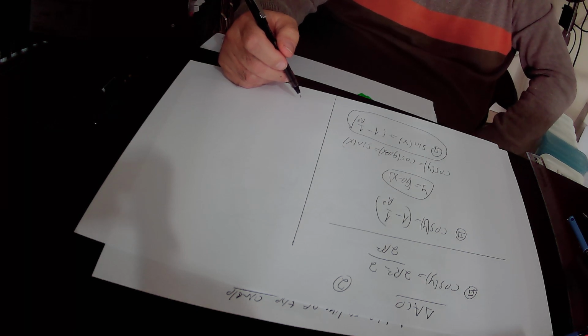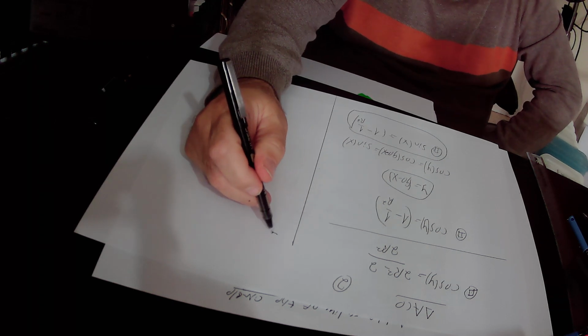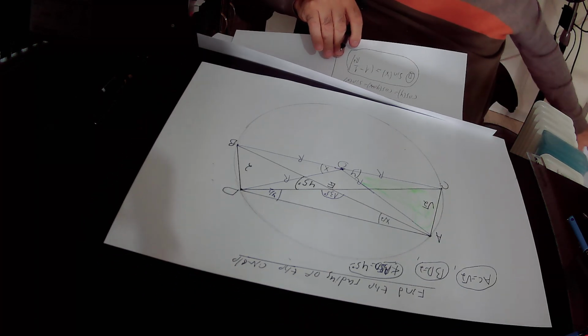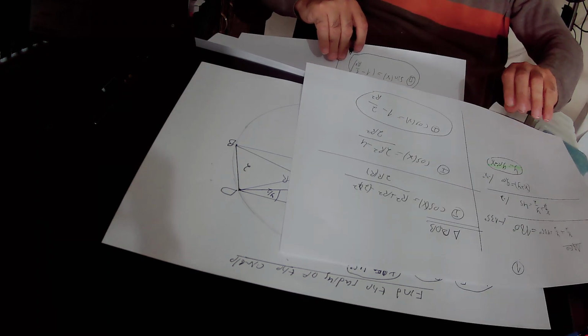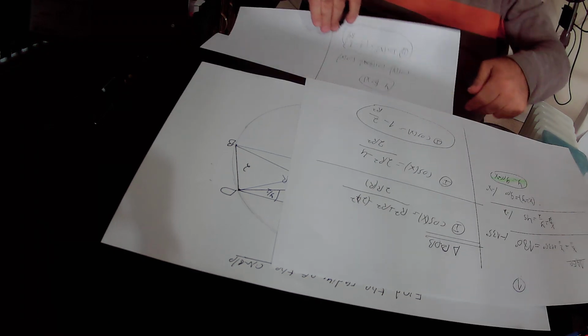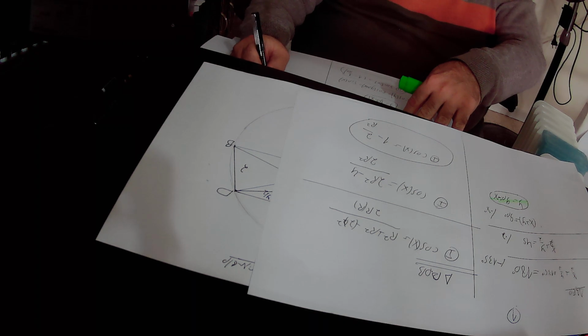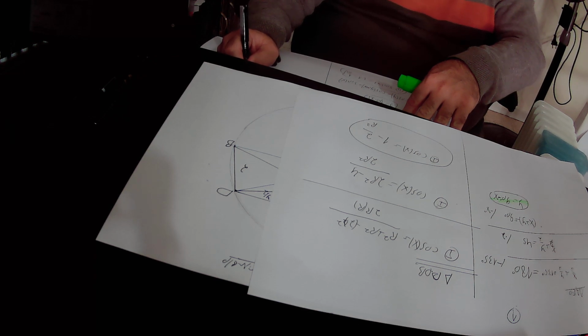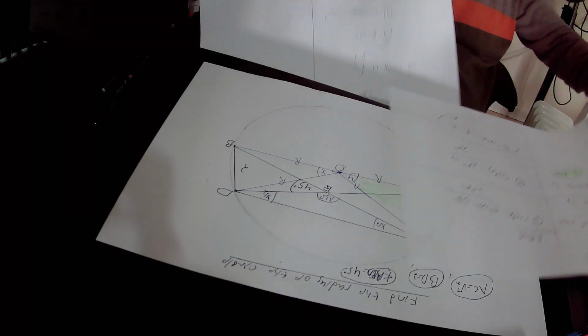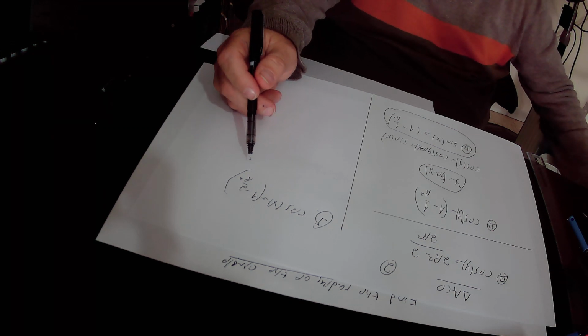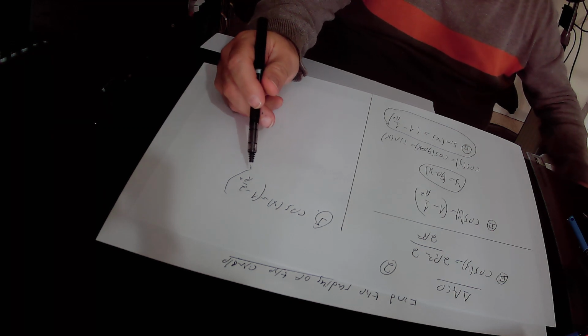This is according to equation number 2, and we have already found out that according to equation number 1, cosine x equals 1 minus 2 over r square.